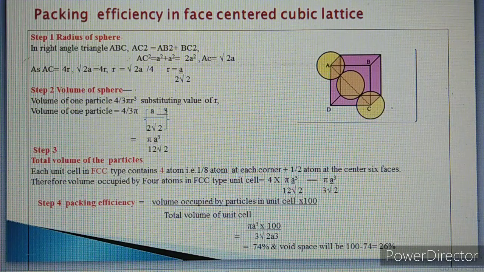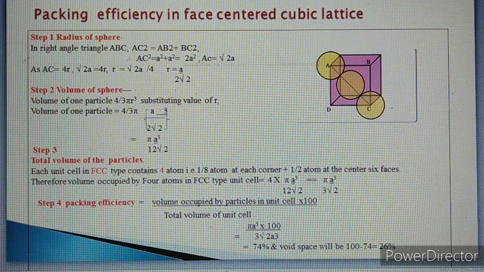What is r? r is the radius of the sphere. r is equal to under root 2a upon 4. Therefore, if we simplify more, take the root of 4. What we will get? r is equal to a upon 2 root 2. 2 root 2 is nothing but 4. So, r is equal to a upon 2 root 2.